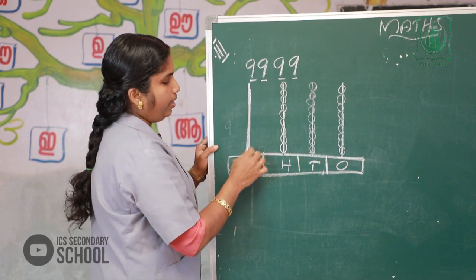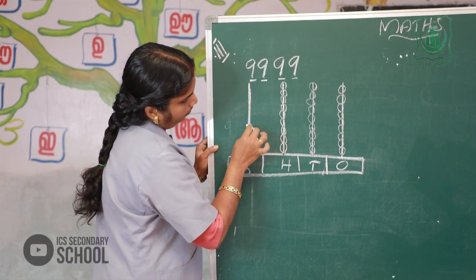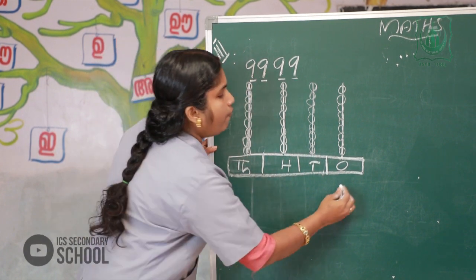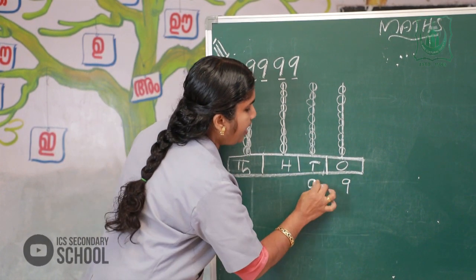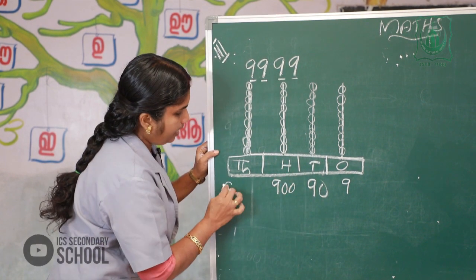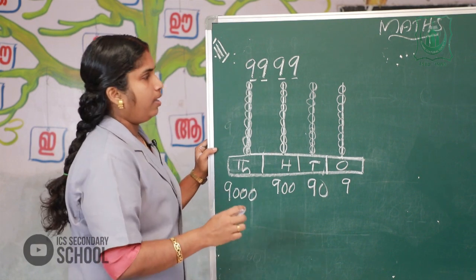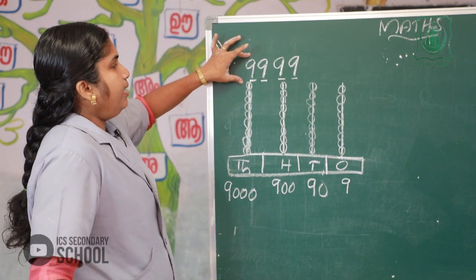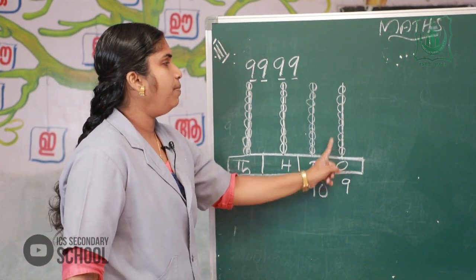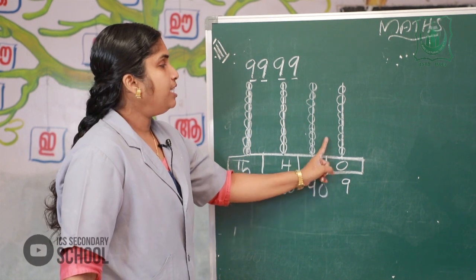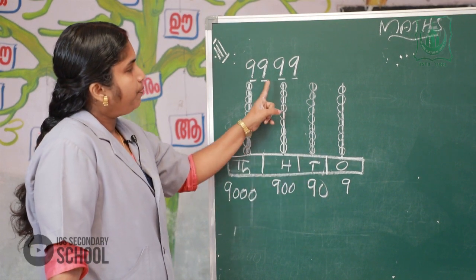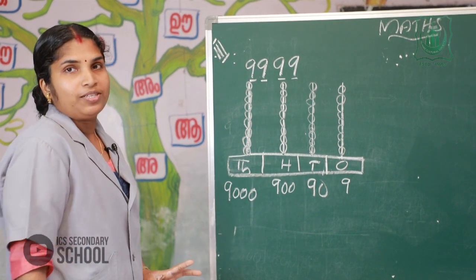Again 9 in the 1000 place. 1 place 9, 10 place 9, that is 90, 100 place 9, that is 900, 1000 place 9, that is 9,000. Okay, got it? 9,999. We fill 9 beads in the 1 place spike, 9 again in the 10 place spike, 9, 9. Okay, got it?